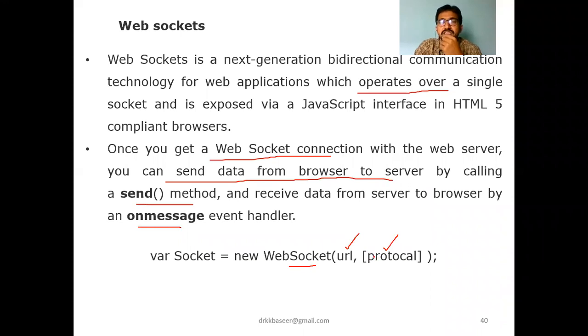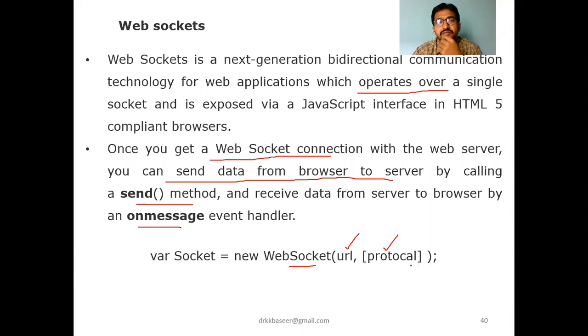Protocol, maybe you can use any type of protocol from the list. URL is for which type of server you would like to connect to, localhost colon 8080 or some other, whichever URL the server has. So like this, we can create a socket in the WebSocket concept, where socket equal to new WebSocket of URL comma protocol.